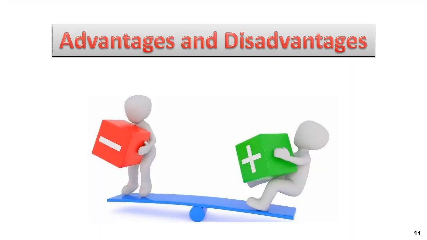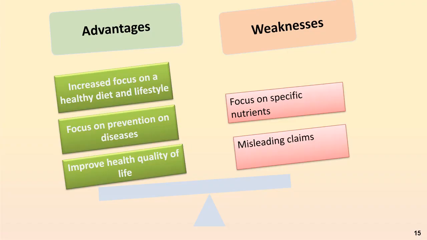Now we are going to discuss the advantages and disadvantages of nutrigenomics. There are some advantages, like it increases the focus on a healthy diet and lifestyle, and we know that in recent days how a healthy diet can be maintained in the food system is a very big challenge, and this is a very useful and recent advanced topic in the field of nutrition.